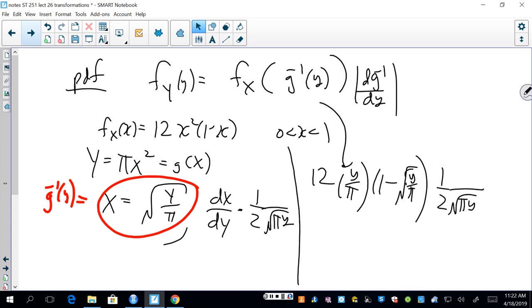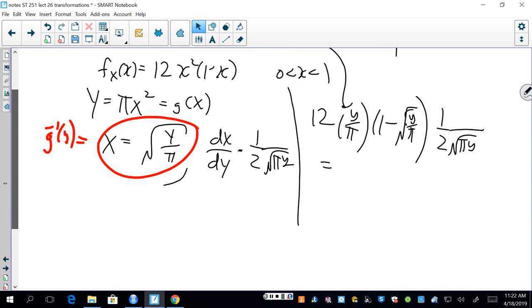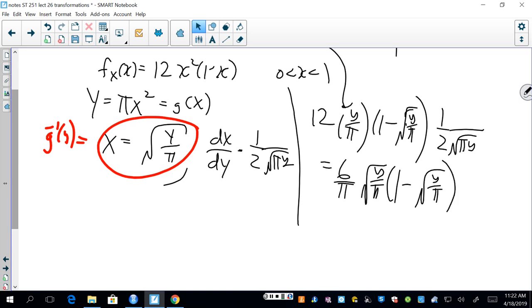If you simplify that a little bit, it's going to be the thing that you had before. 6 is there, we pulled out 1 pi, and then we'd have a square root of y over pi left over times 1 minus y over pi. And that's the density for that random variable. And y goes from 0 up to pi.